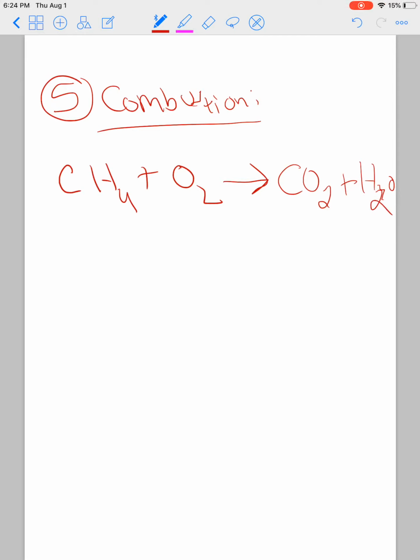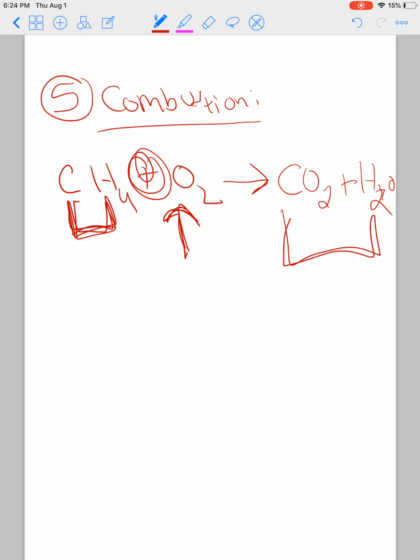So you know it's a combustion reaction whenever you see a carbon bonded to a hydrogen reacting with oxygen gas, O2, and your products will always be CO2 and H2O. And combustion is very straightforward and should be very easy to recognize.